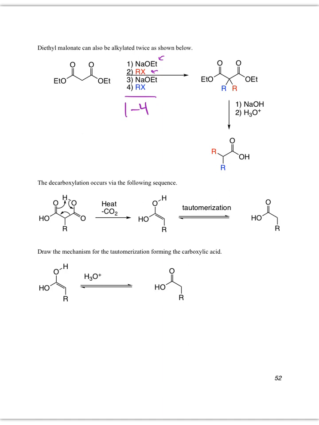And the decarboxylation is shown below here, where we have two carboxylic acids. I have them drawn so you can see in the cyclic transition state what has to happen.